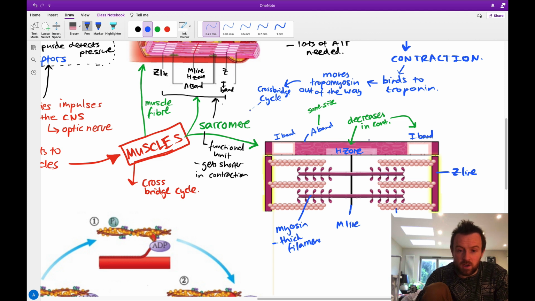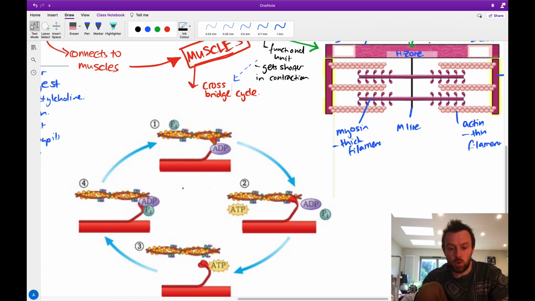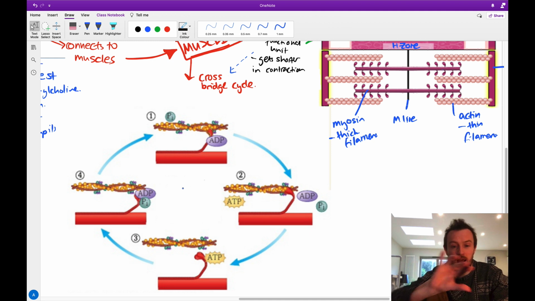So we're going to go from there down to there. Now we're going to look at how the cross-bridge cycle actually works. I'm going to go to an animation quickly before we then label this diagram. And that's the final thing, so stay with me.